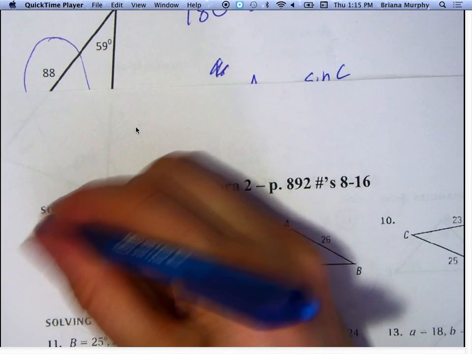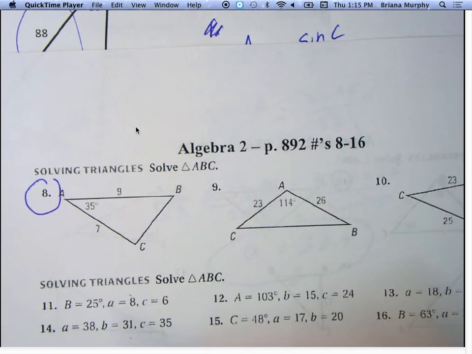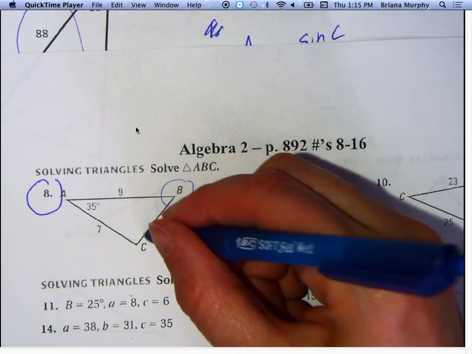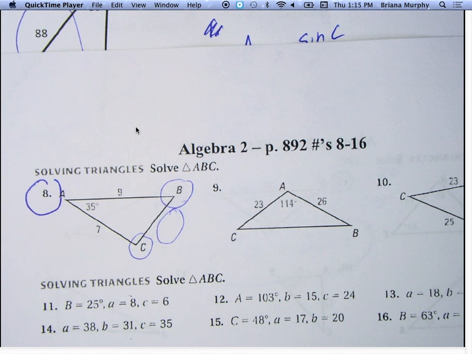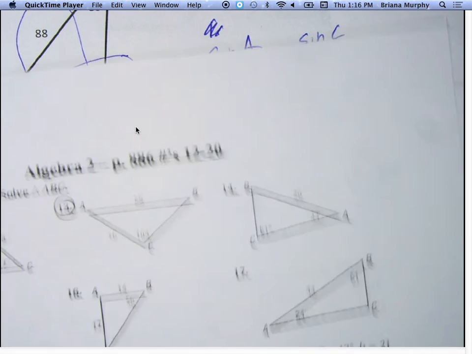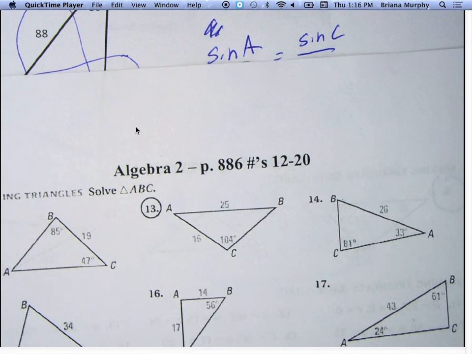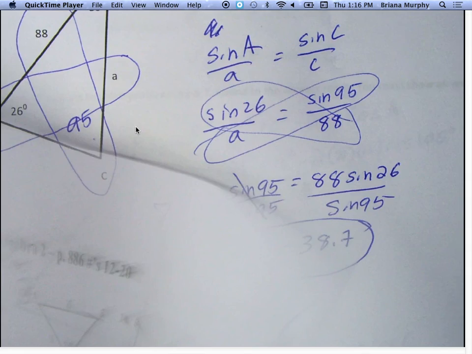It's asking you for everything. Number 8 is asking you to find angles B, C, and side BC. Okay? So you have to find 3 things for every single triangle. So you need to do the front and the back.